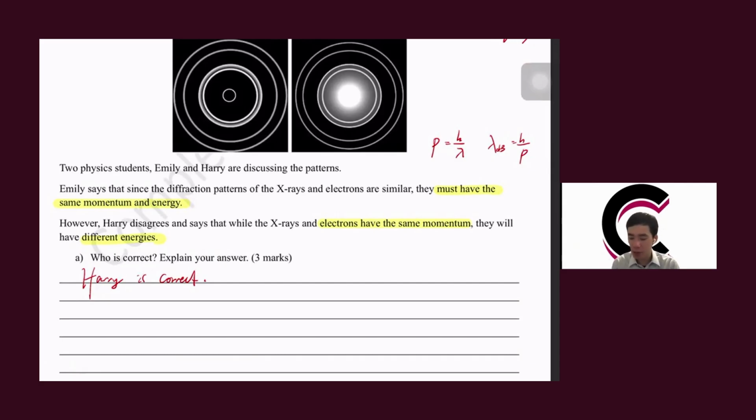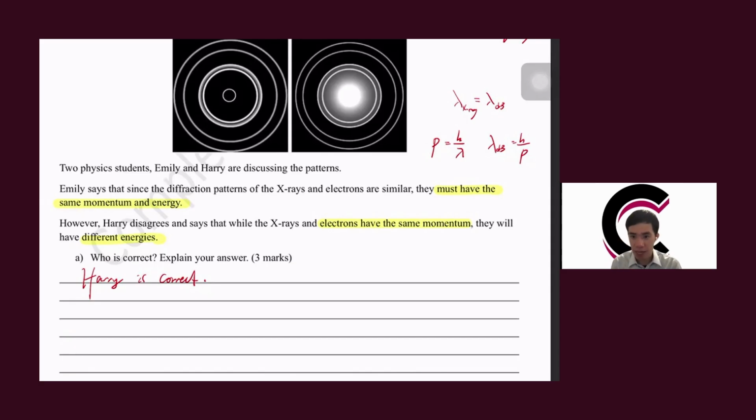And you can notice the similarity between these two equations. One thing you can see from the pattern is they share the same wavelength. The X-ray and the electron wavelength are the same. If we plug into the equation, the momentum derived from the equations should also be identical, but energy is not.